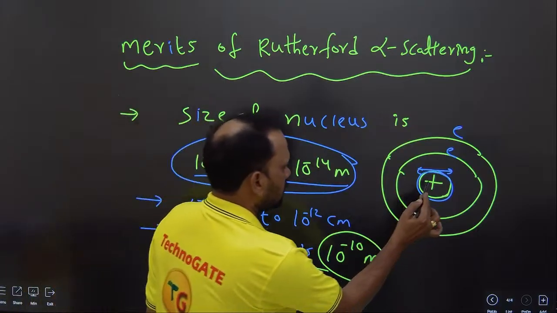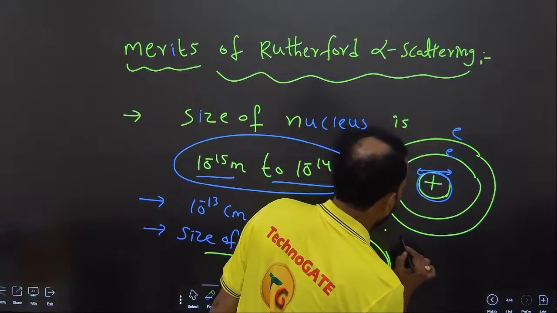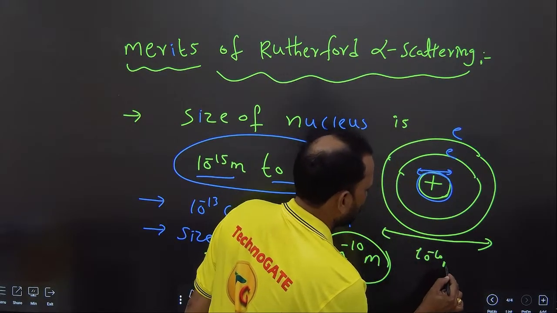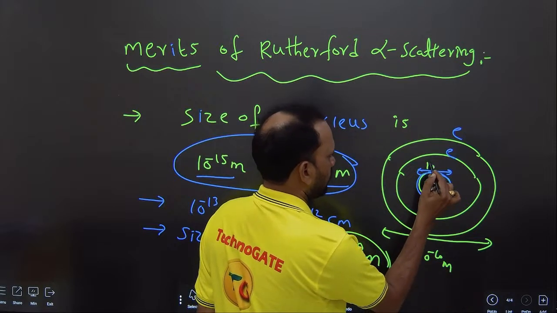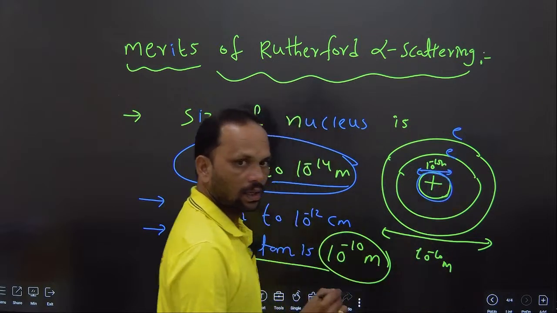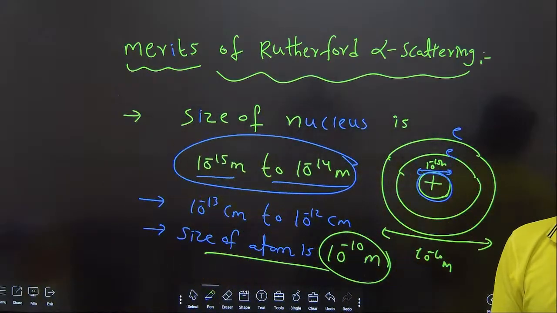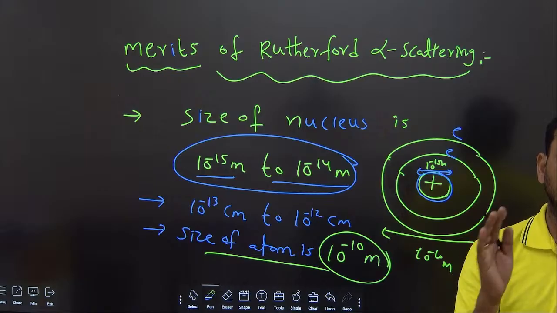Comparing 10 power minus 15 and 10 power minus 10, 10 power minus 10 is larger. That means the nucleus is 10 power minus 15 meters, and the total size of the atom is 10 power minus 10 meters. How many times more is the size of the atom than the size of the nucleus?